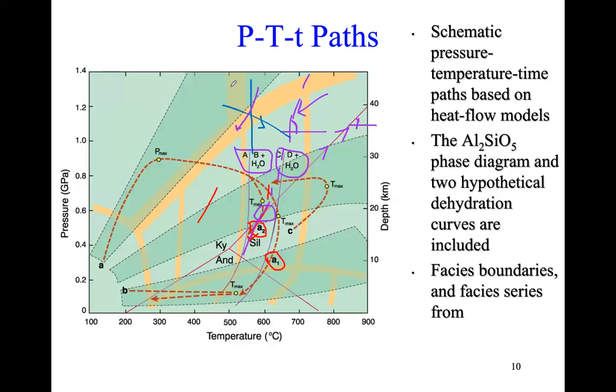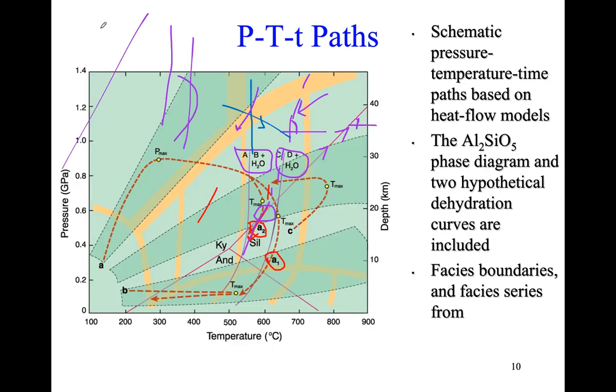So that can happen, but in this particular situation the dehydration curve is very steep like this, so it's very hard for the PT path to cross it. It's not easy, but some dehydration reactions might be located like that.